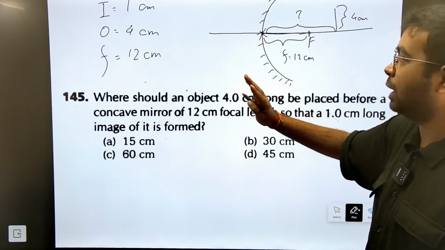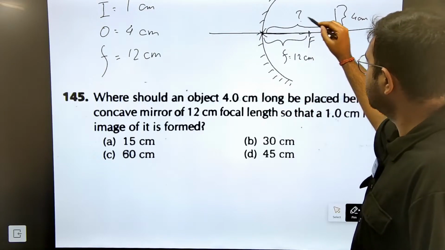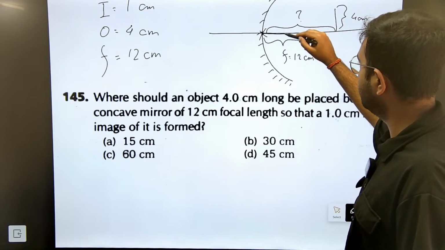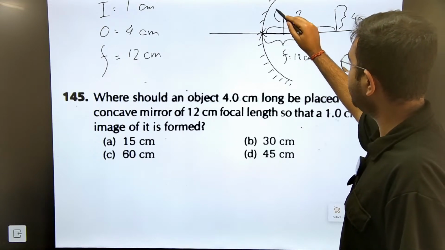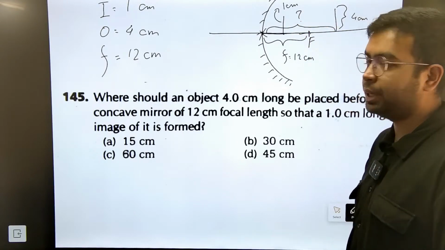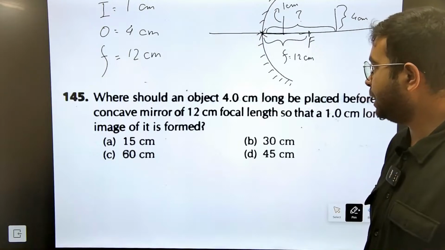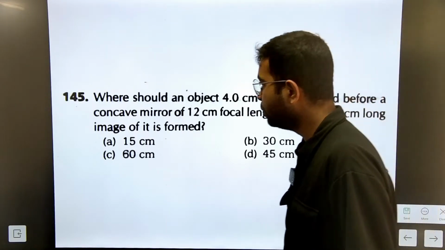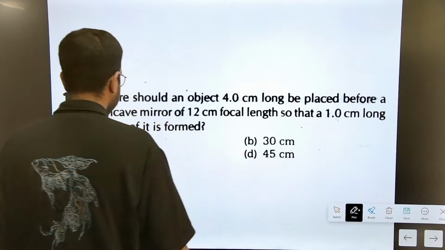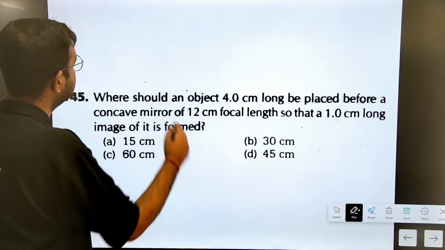ये डिस्टेंस ऐसा होना पड़ेगा so that when the image is formed, say an image is formed here, the image should be 1 centimeter in its size, ठीक है. तो ये निकालेंगे कैसे, देखो. For a mirror we have the formula for magnification.